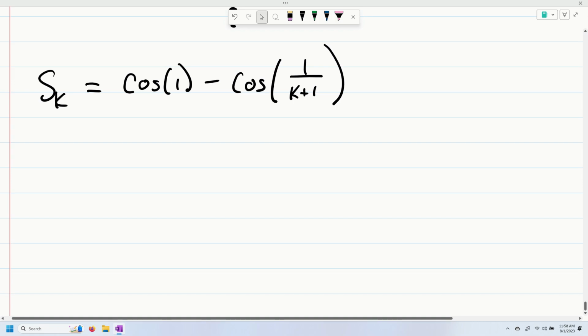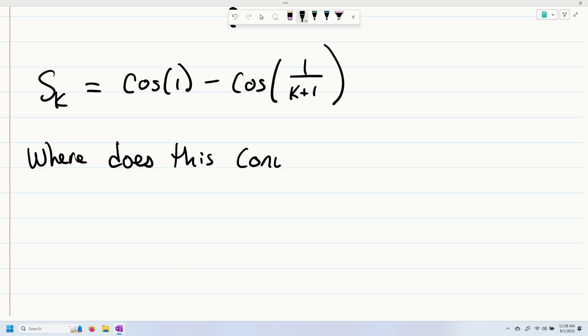Now the question becomes, where does this converge to? That's the biggie. So we need to go back to our definition and understand what's happening.